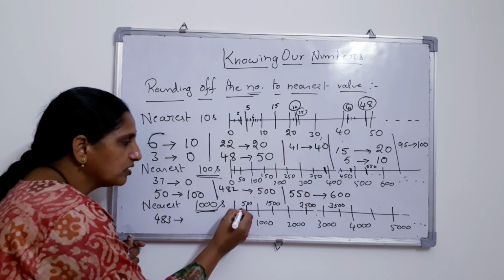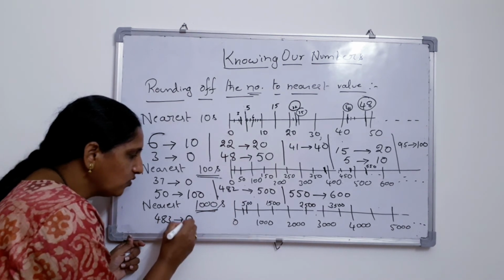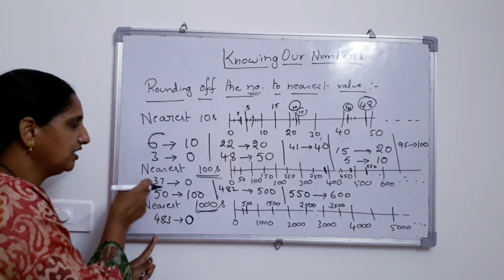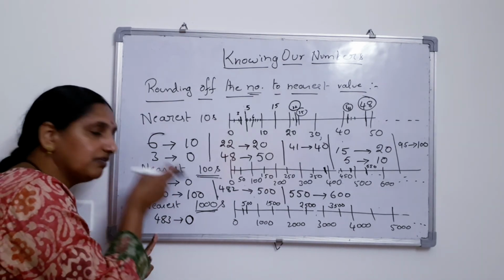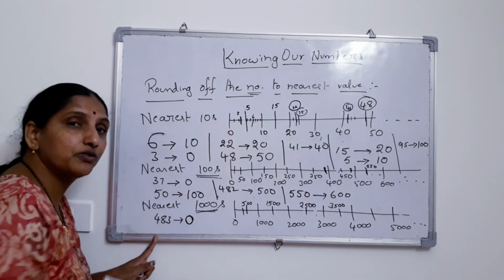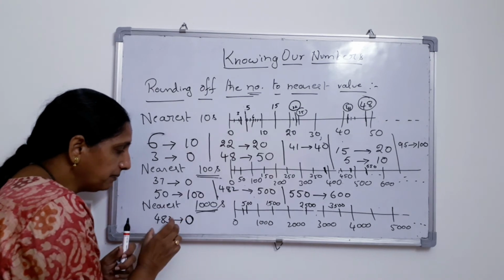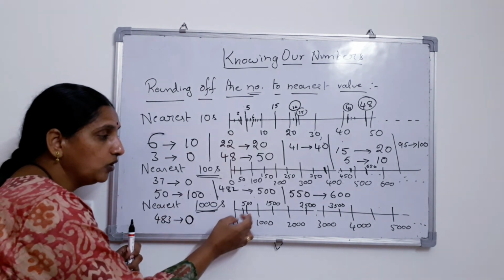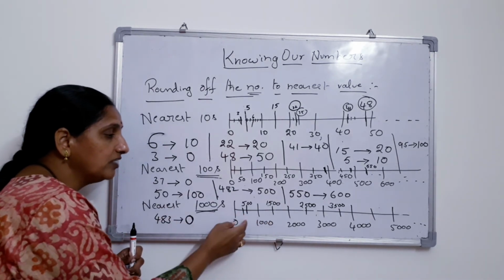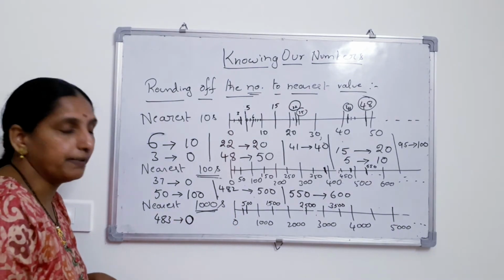So somewhere here it lies, therefore it is equal to 0. See the magic. For nearest hundreds we made 37 equal to 0. In nearest thousands, 483 is made 0. So whenever the given number is less than the mid value, it always takes the smaller number.